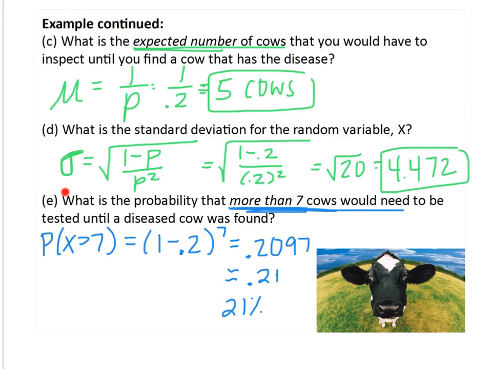This is a really common problem, the more than problem, and this is more common in real life examples. You don't want to know exactly this many. You just want to know what's the probability it takes me more than 5 people or more than 100 people. And this is the formula we use to find that: the probability I fail, or I don't succeed that many times.